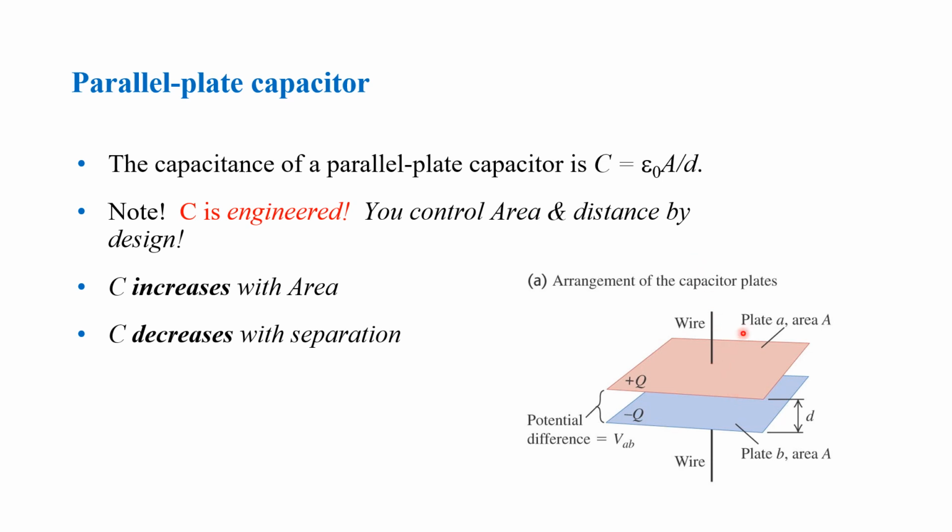So if you want to make your capacitance a maximum, you need to decrease the separation distance d, and you may make the plates very, very large. We just use this equation to modify the capacitance of your capacitor, C equals epsilon naught A over d.